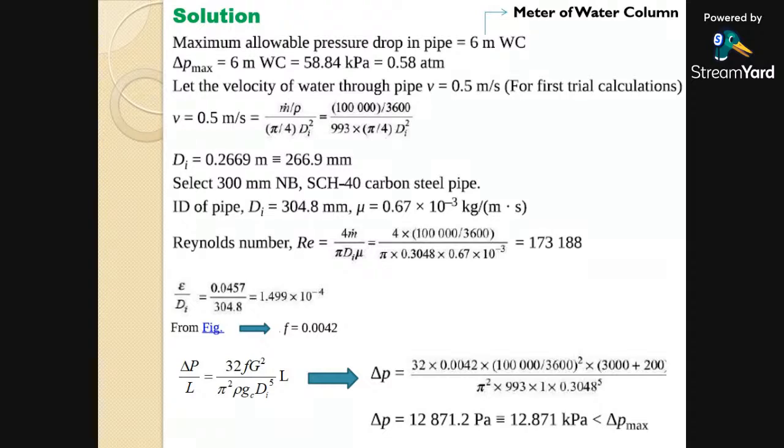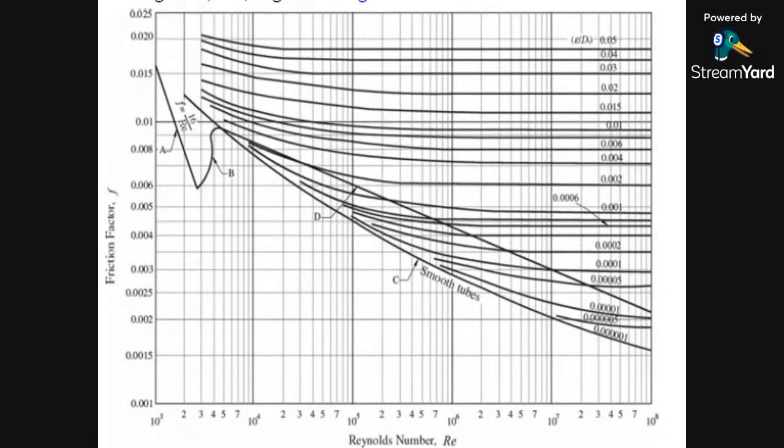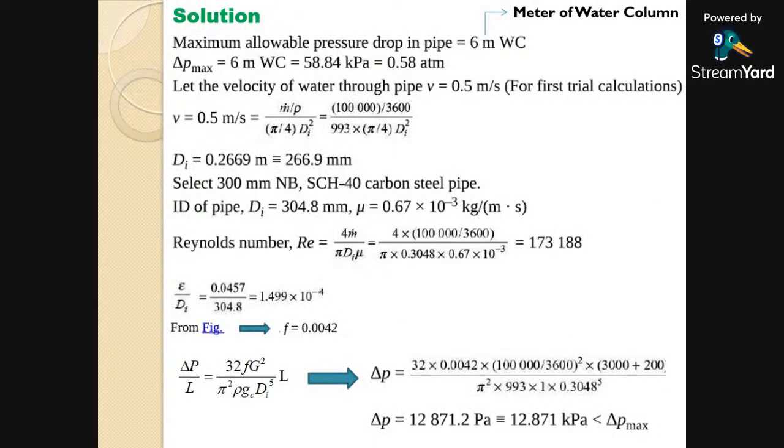But here the other strategy we develop to size the pipeline, whereas the friction factor needs to be calculated from the Moody's chart. And this is the chart. When you know the surface roughness as well as the Reynolds number, you can easily determine the value of friction factor here from this chart. आणि ती फ्रिक्शन फॅक्टरची व्हॅल्यू नंतर डार्सी इक्वेशन मध्ये वापरायची आहे. त्यावरनं तुम्हाला काय मिळेल, डेल्टा पी बाय एल.